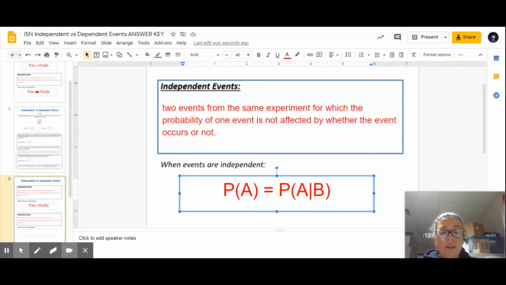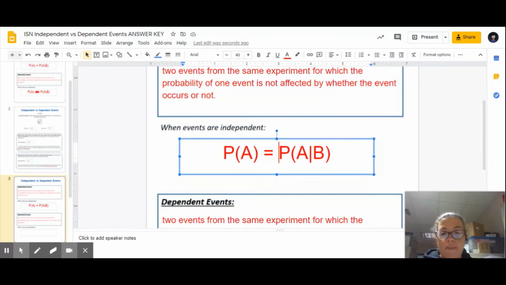Okay? We can similarly use this when we're looking at dependent events. Now, if events are dependent, when I look at B happening first, the probability of A happening is going to be different than if A happened alone.